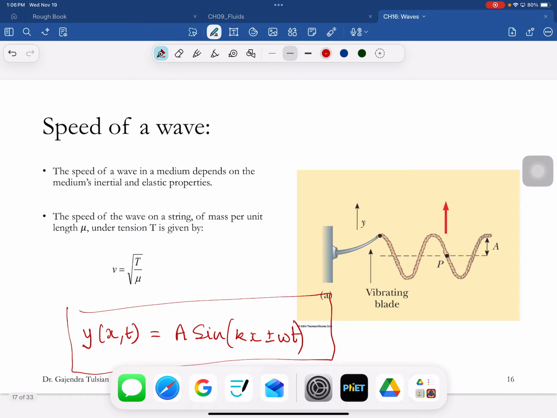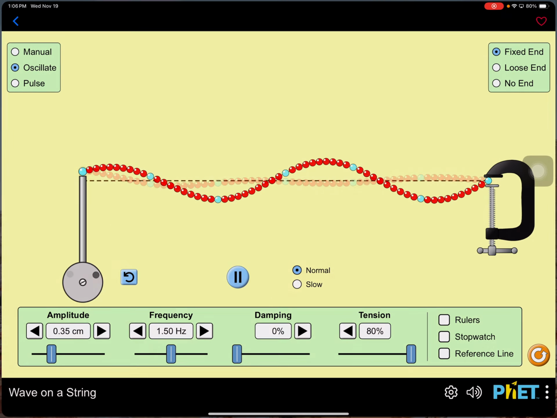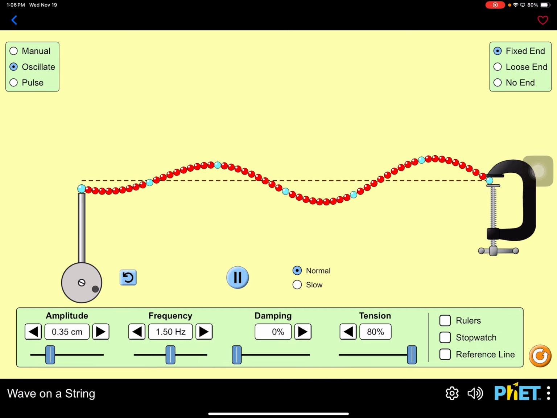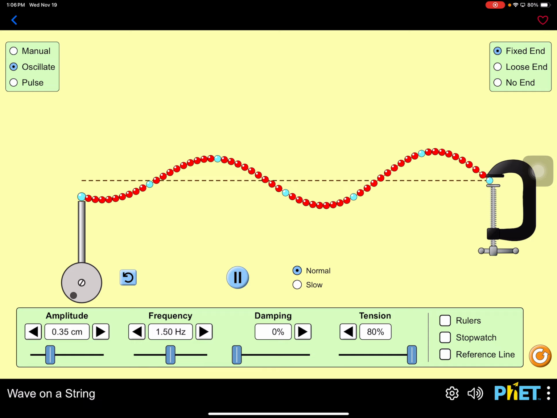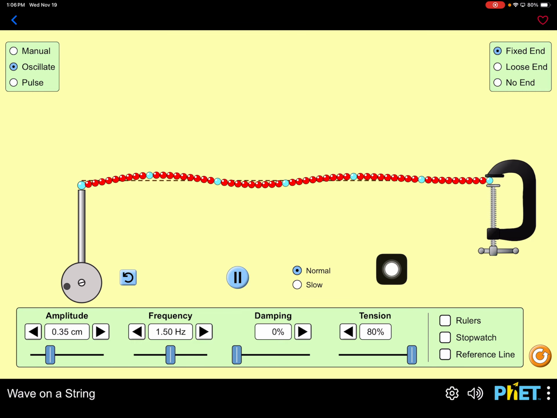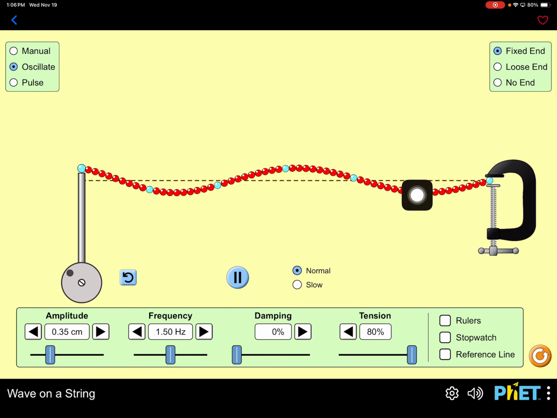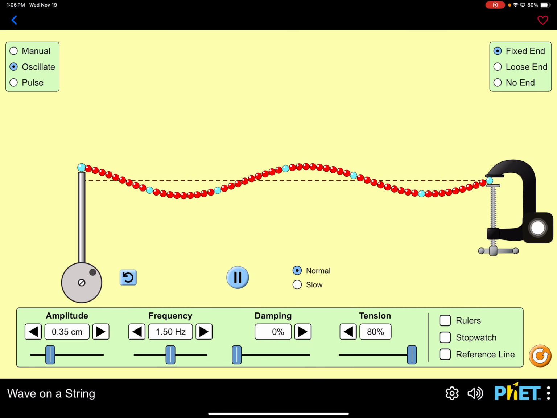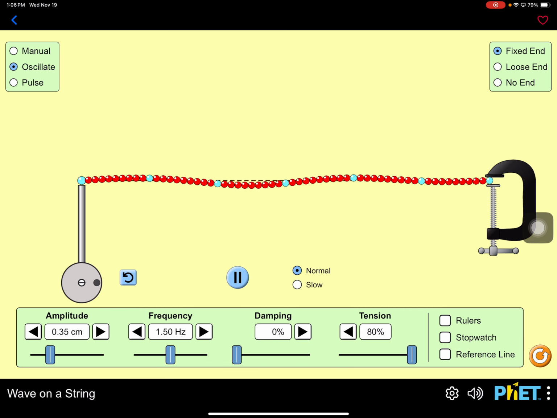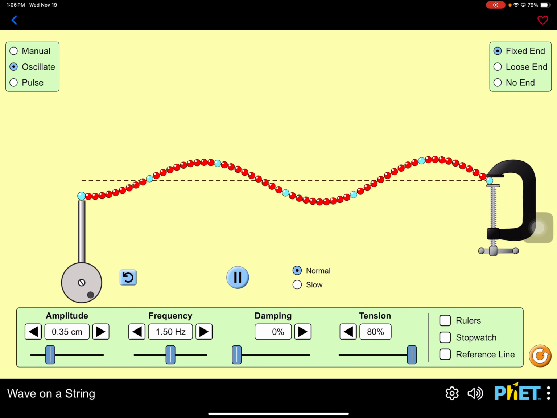All right, let's go back to our simulation. Watch what will happen. You have all experienced this: you take a string and you can send a wave down a string.